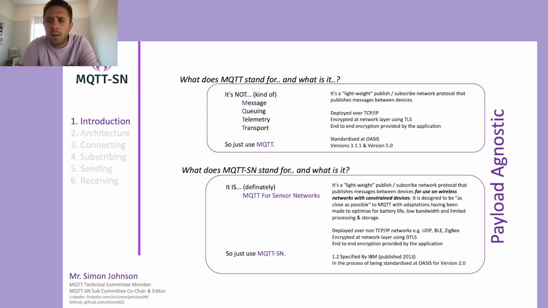Both are payload agnostic, that is, you can send any kind of data you'd like from a SN sensor device in any format you would wish. And equally you can deliver any sort of payload data out to it in the same way you can with MQTT.